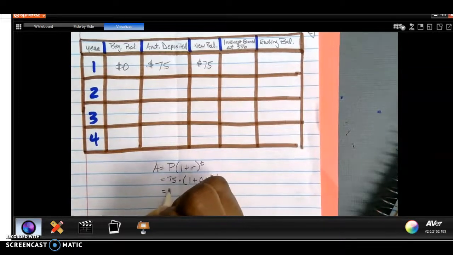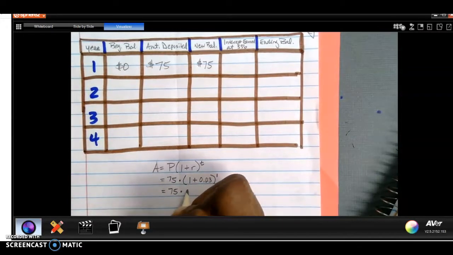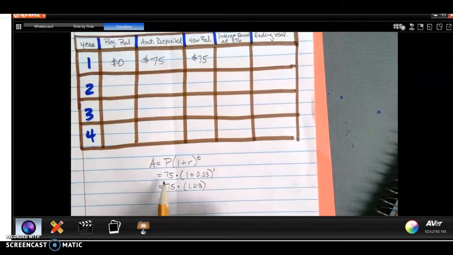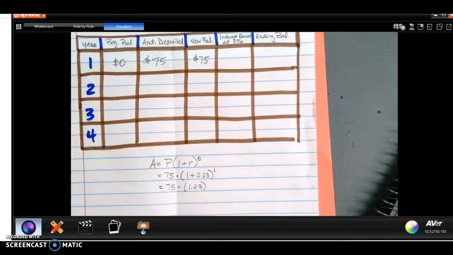Simplifying the expression, it becomes 75 times 1.03. I left off the 1 to the first power because, remember, anytime you simplify, what's inside the parentheses to the first power is going to be 1.03 by itself.